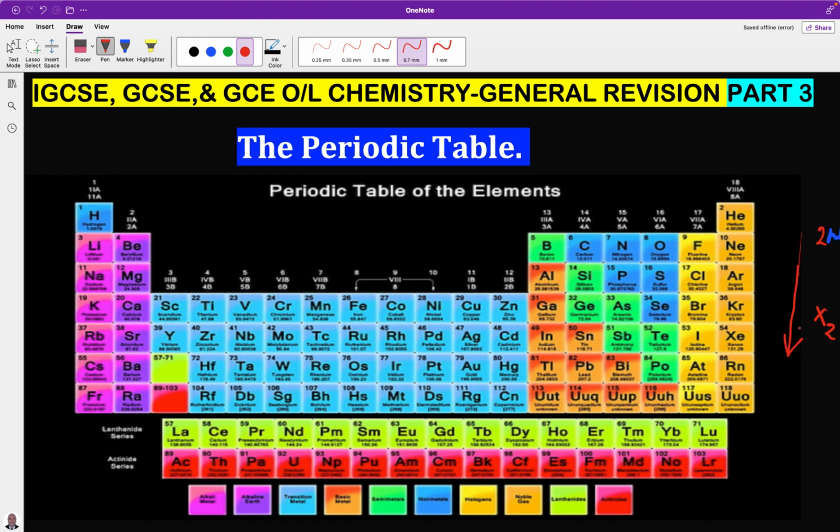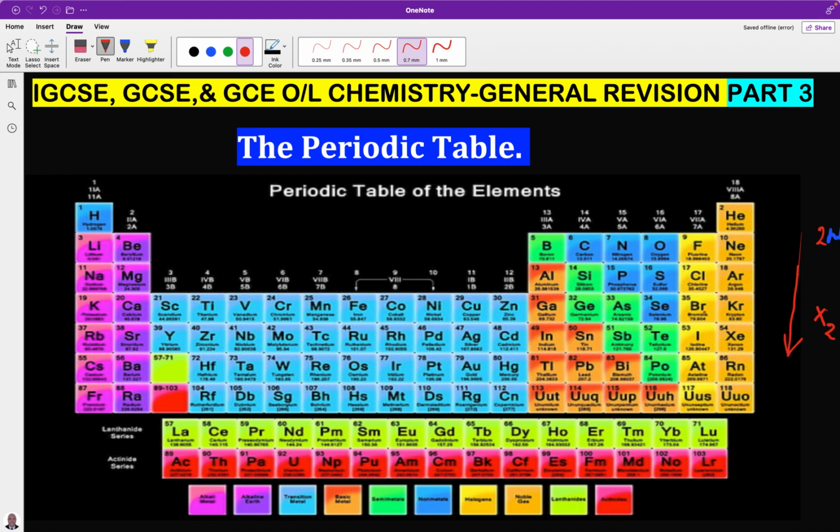In their chemical reactions, for example, fluorine is more reactive than chlorine. Chlorine is more reactive than bromine. Bromine is more reactive than iodine.